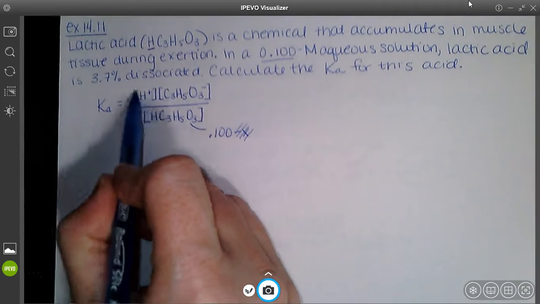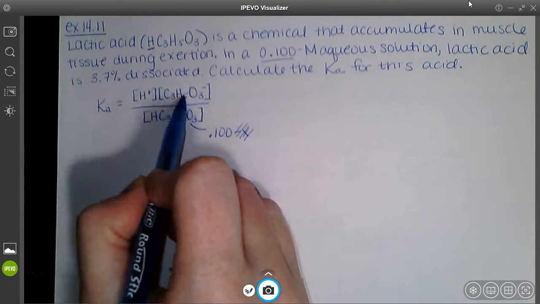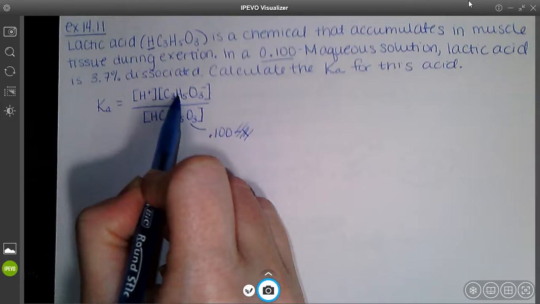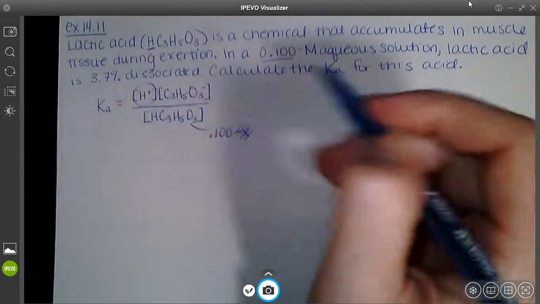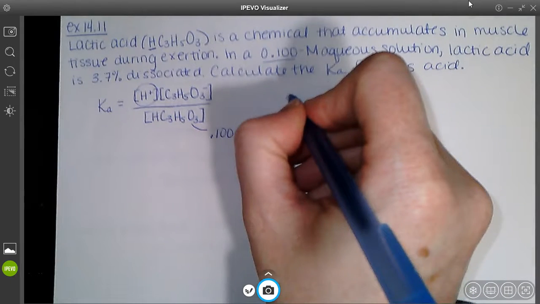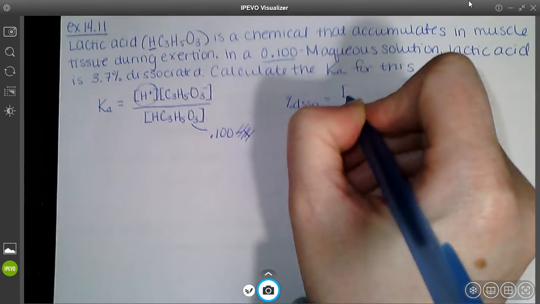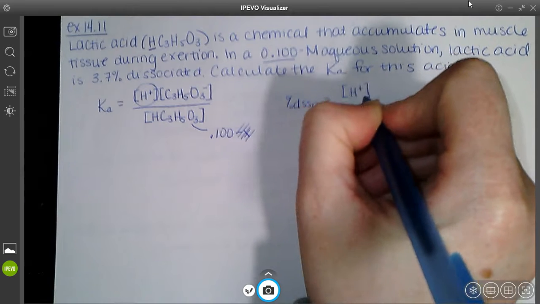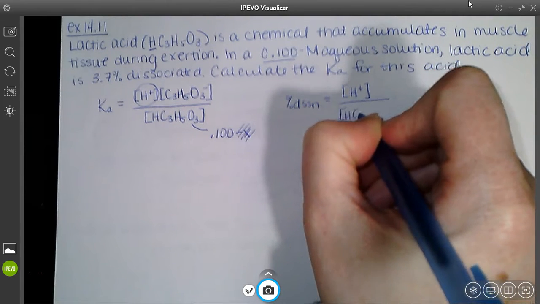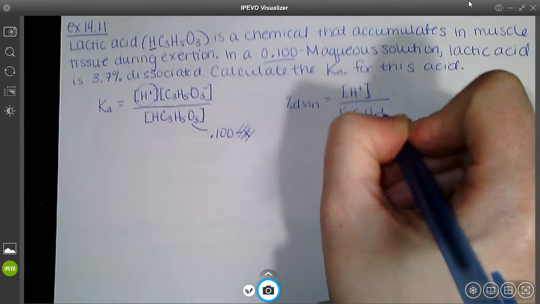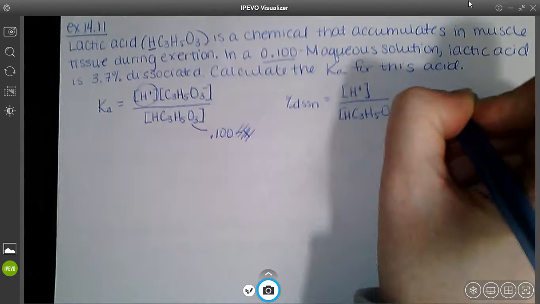So this is what we need to solve for, the H+. Whatever this is going to be the same as your acetate ions because it's a 1-to-1 ratio. We have another equation that uses our H+, and that's the percent dissociation. So that's going to be H+ concentration divided by acetic acid concentration initially times 100%.